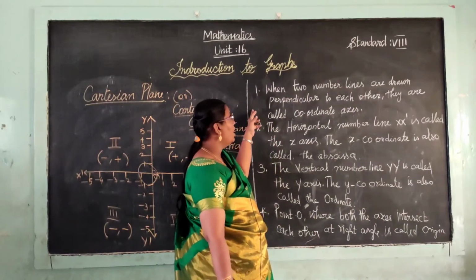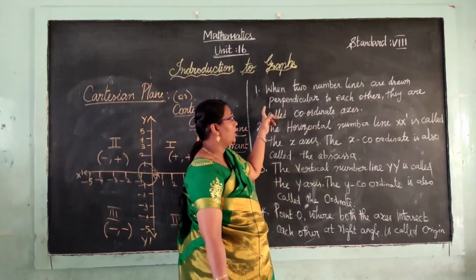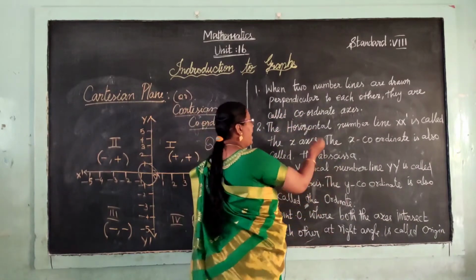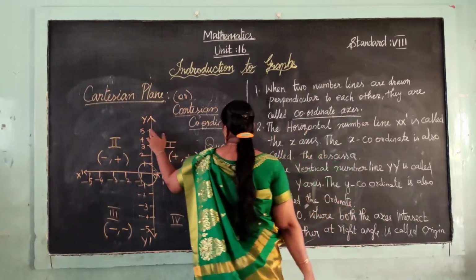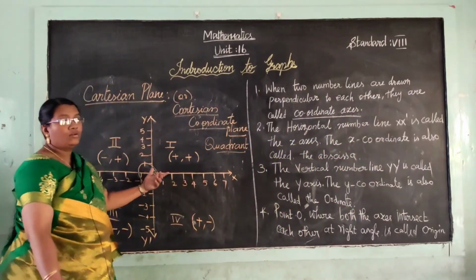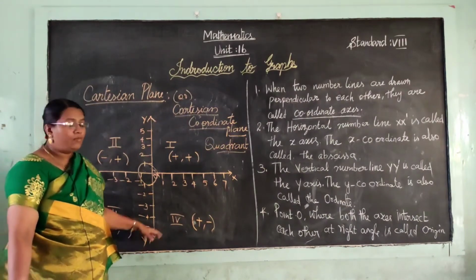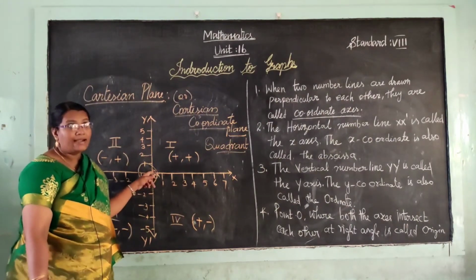The first one: when two number lines are drawn perpendicular to each other, they are called coordinate axes. Perpendicular means 90 degrees, so a right angle.